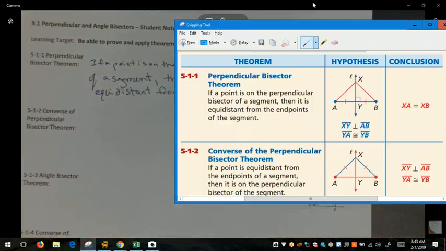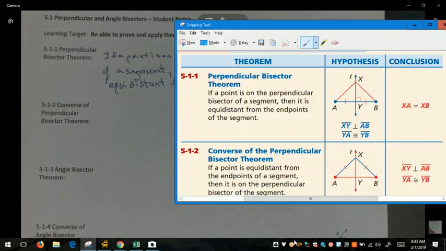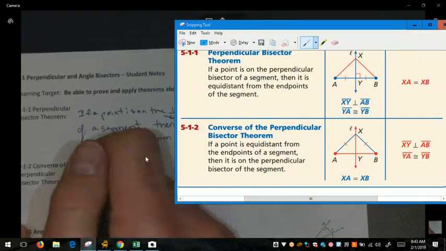Now the converse theorem says that if a point is equidistant from the endpoints of a segment, so in this case we actually know that XA and XB are congruent, then that point X must lie on the perpendicular bisector of the segment.